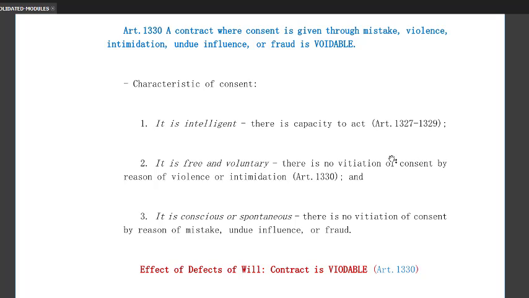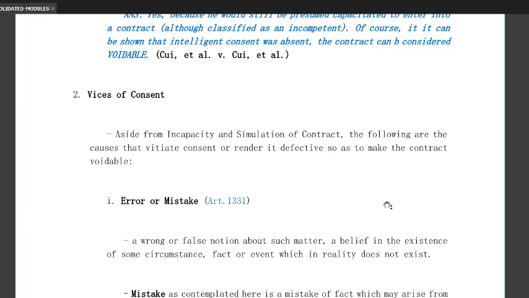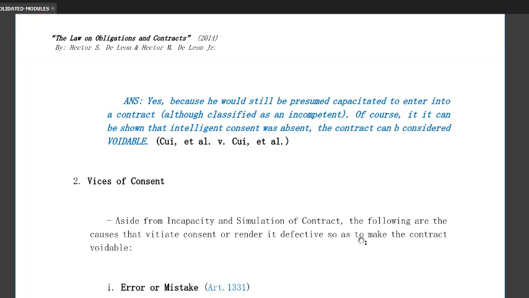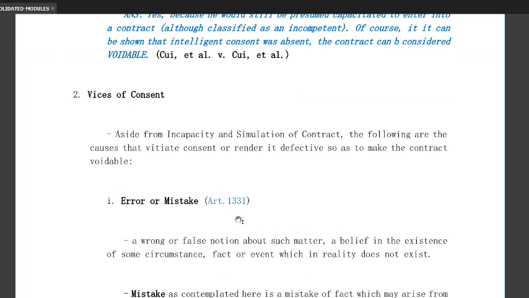kailan ba masasabi natin na vitiated ang consent under 1331, which speaks of error or mistake, ano? In order that mistake may invalidate consent, it should refer to the substance of the thing which is the object of the contract, or to those conditions which have principally moved one or both of the parties to enter into a contract.